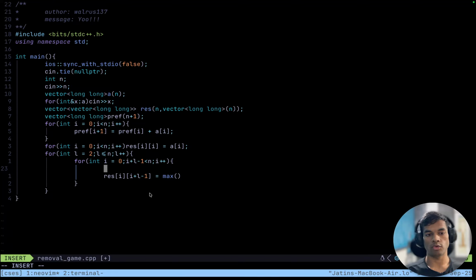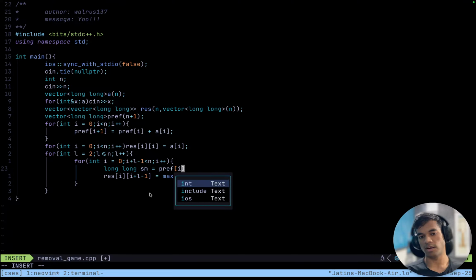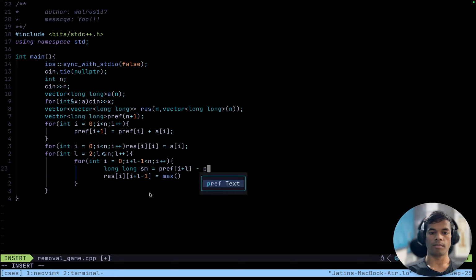First of all, what is going to be the sum in this range of prefix? Sm equals ref of the right index plus 1, because we want to include the right element, minus ref i, the left element.